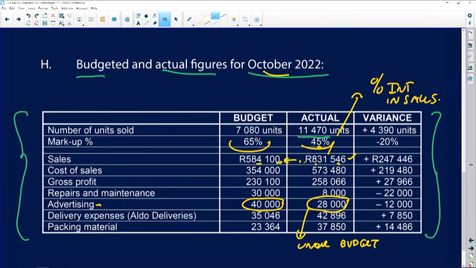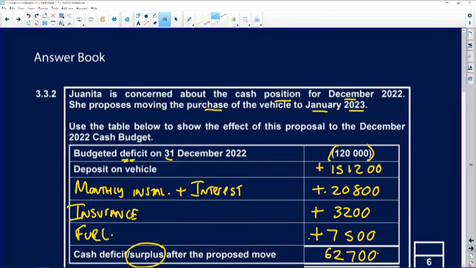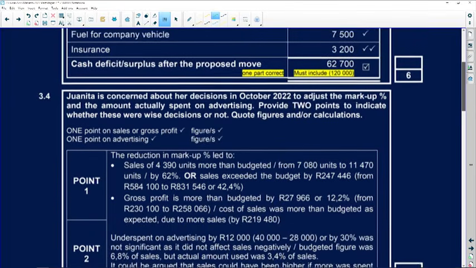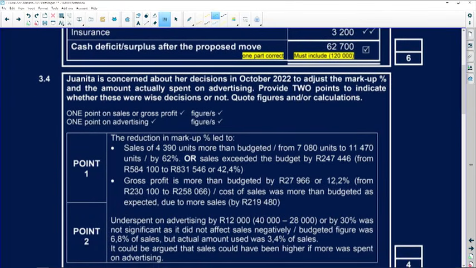Right, so that was her actual sales versus her budgeted sales. Let's go to the memo, because I've got the memo for this part of the question. She was concerned that sales of 4,390 Rand, or 90 units rather, were more than budgeted.